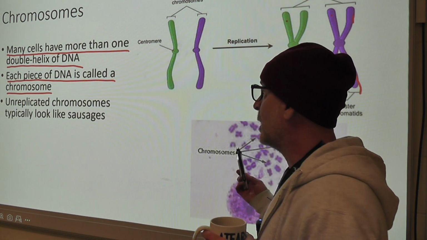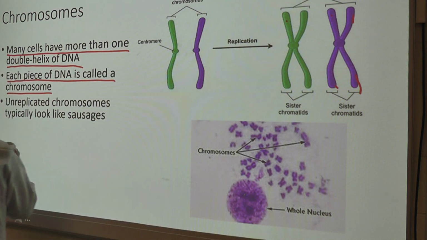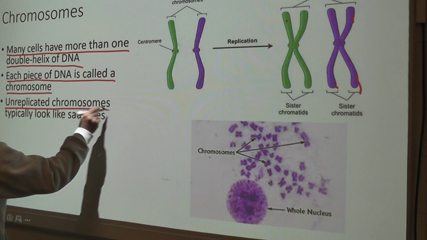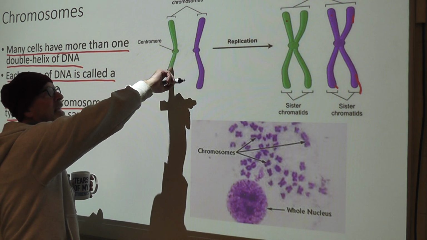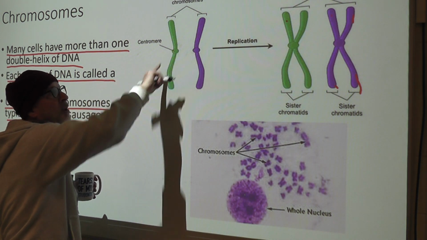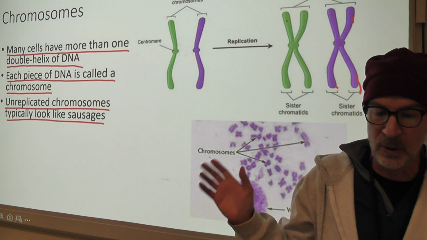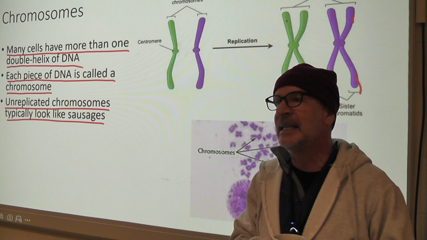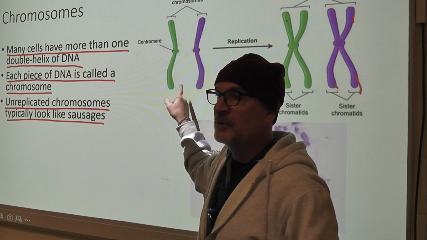Typically, when you look under a microscope at a condensed, unreplicated chromosome, it looks like a little sausage. Diagrammatically, we typically will draw it like this. This circular blob here is not visible. We don't see that easily through a light microscope. You can see it a little bit, but it doesn't look like this. This is sort of schematic.